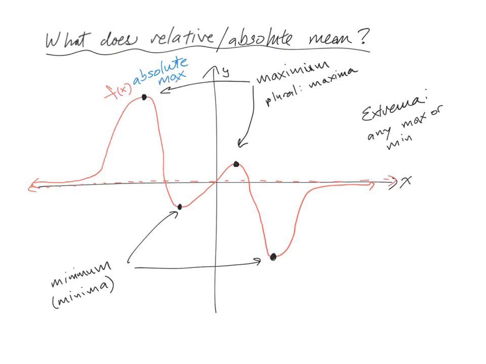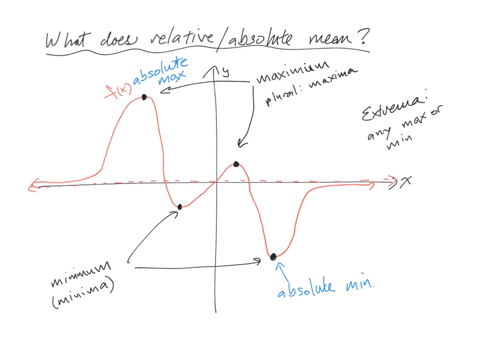And similarly, we can call this point down here the absolute min, or the absolute minimum. But you'll notice these two values in the middle here. This is also a maximum, it does top out, and this is also a minimum, it does bottom out.